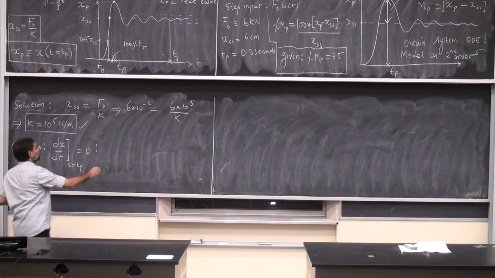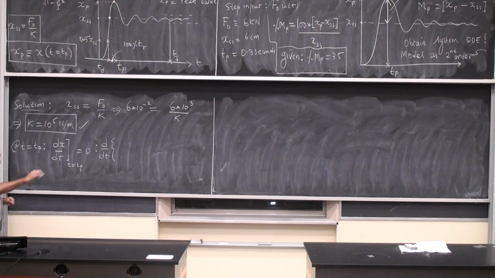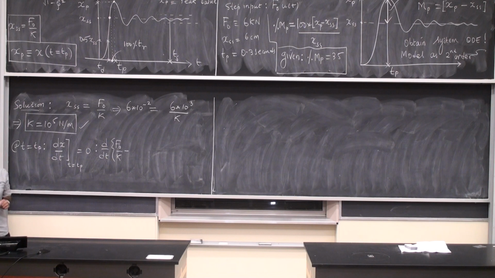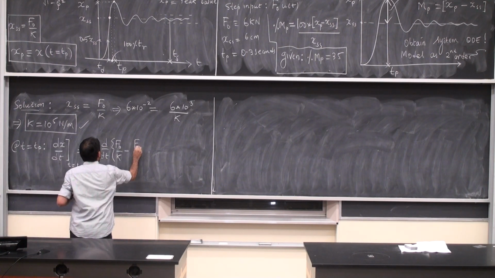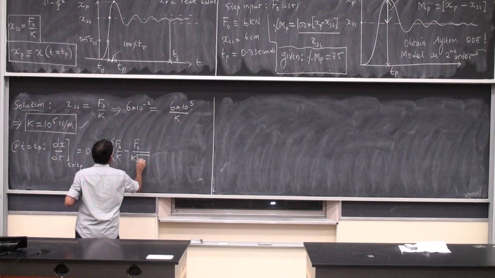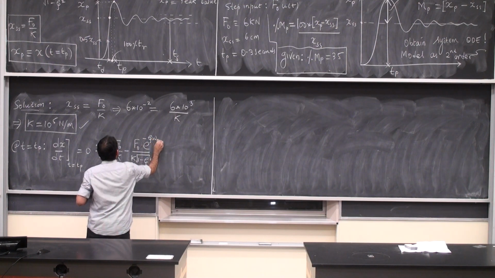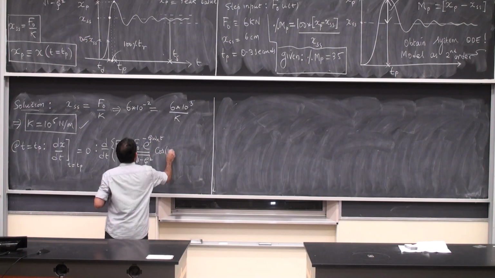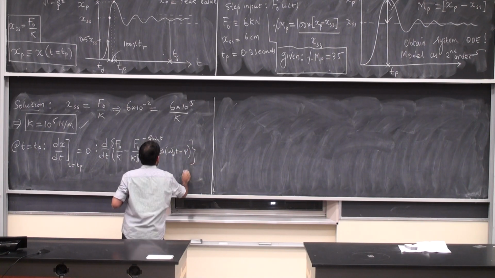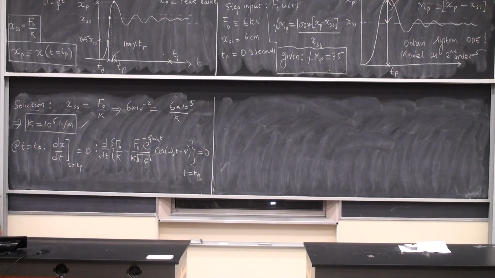So this is d by dt of F0 by K times 1, so that's F0 by K, minus F0 by K over square root 1 minus zeta square, e to the power minus zeta omega n t, cosine of omega d t minus psi, at t peak equal to 0.